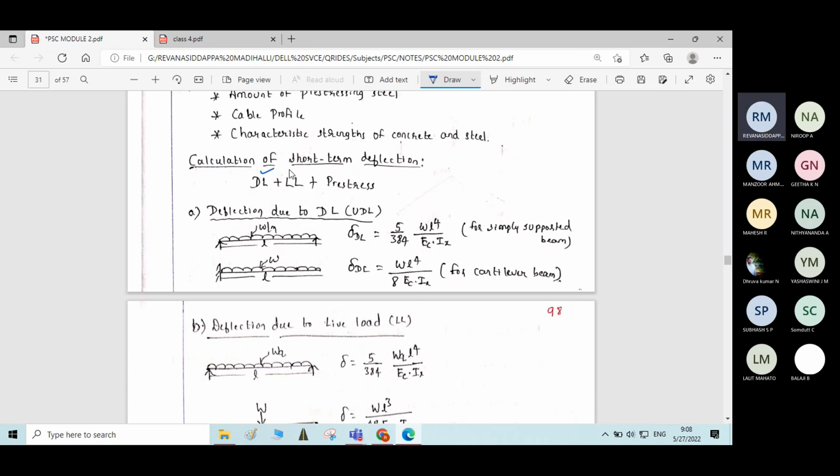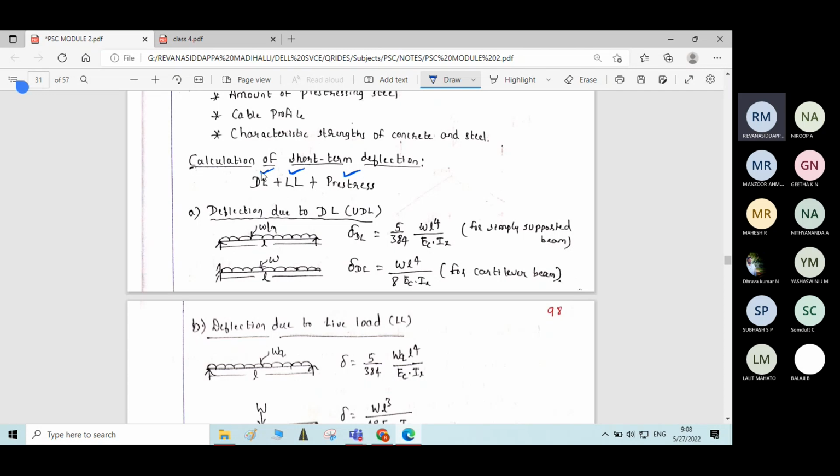Second one is deflection due to live load, and the third is deflection due to pre-stressing force. So while solving the numerical problems, we will be finding deflection due to dead load separately, deflection due to live load separately, and deflection due to pre-stress separately. So we will add all finally to get the total short-term deflection.